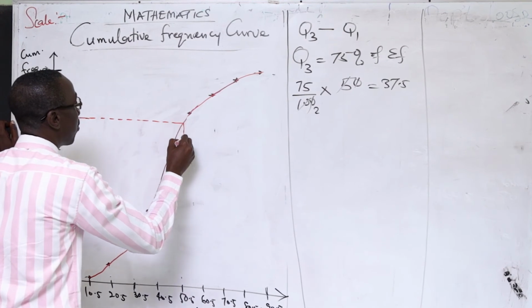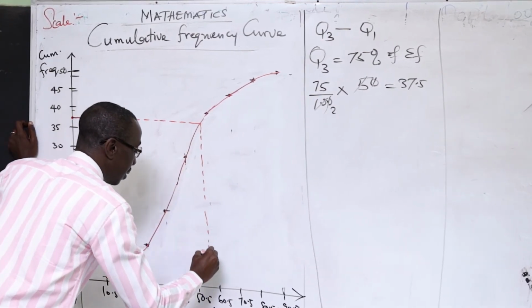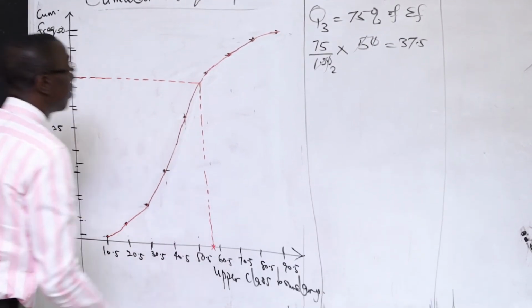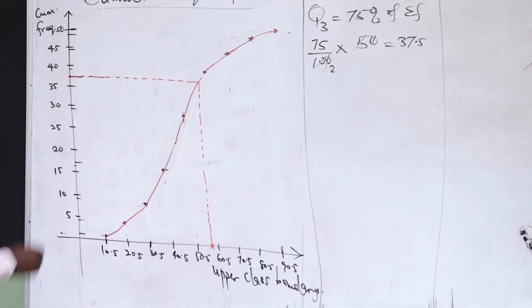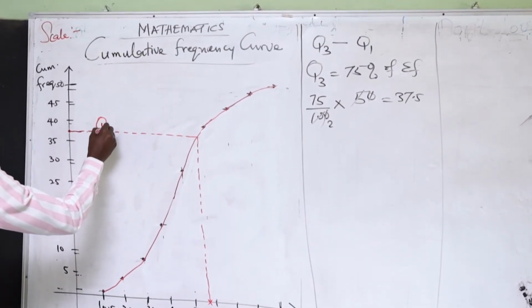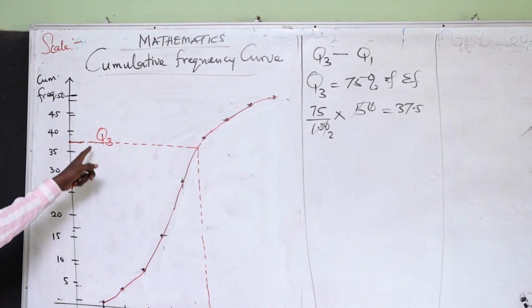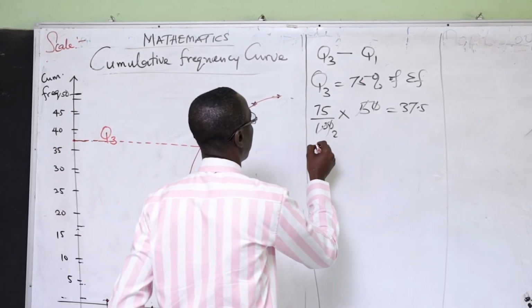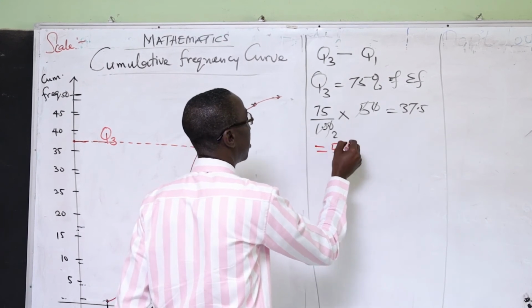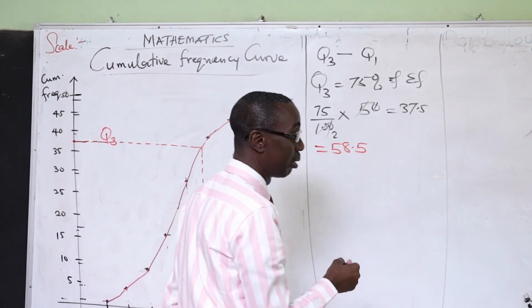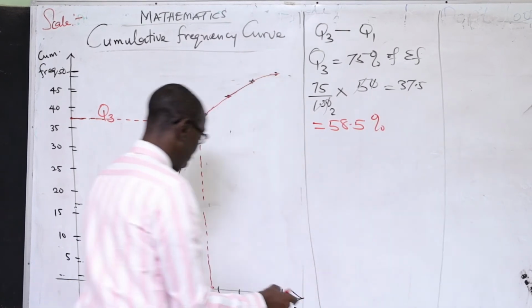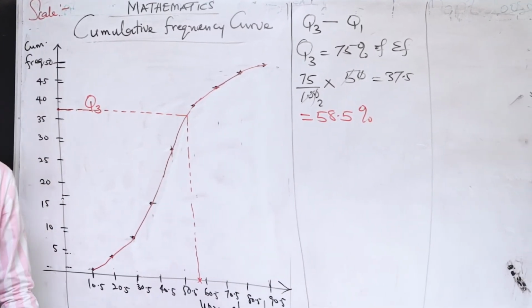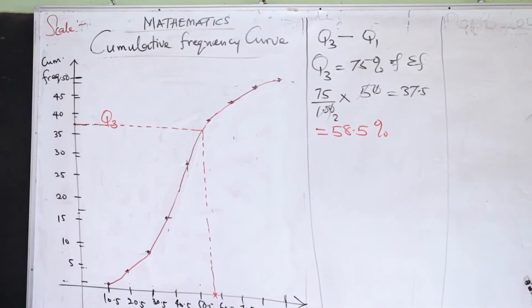Wherever it meets the curve, trace it back to the x-axis and read this value out. Somebody should help us. And please put Q3 here. Put Q3 there. 58.5, it will be in percent now, because the values that are here are values in percentage.